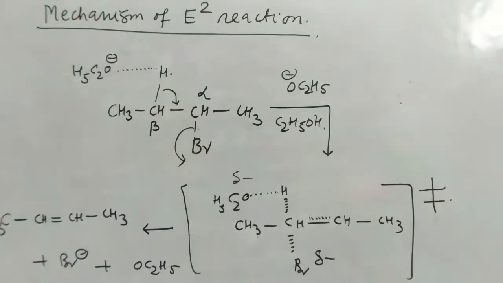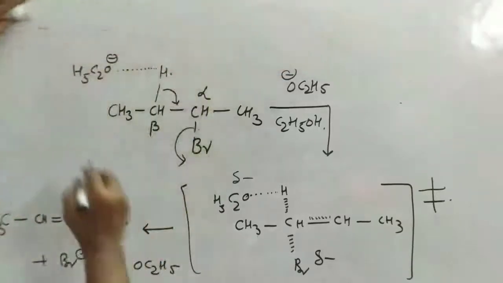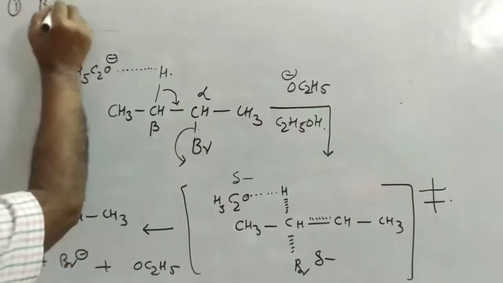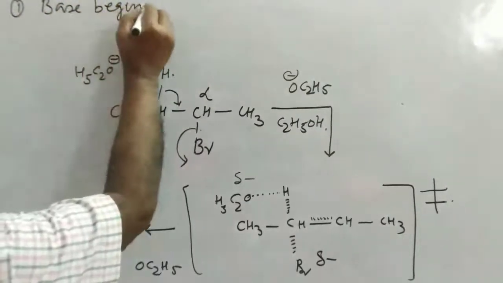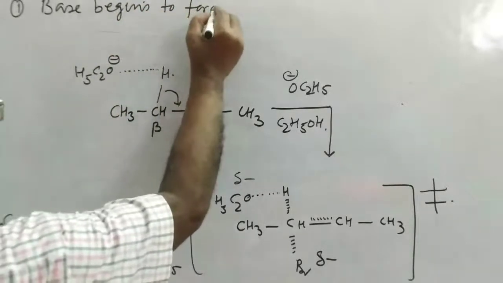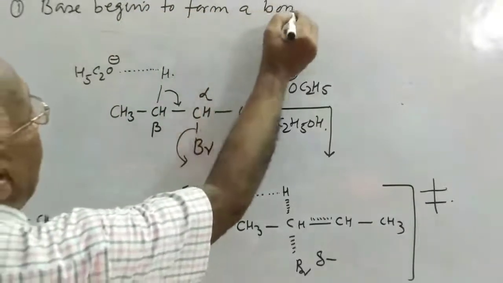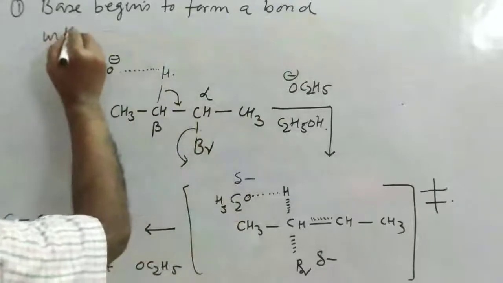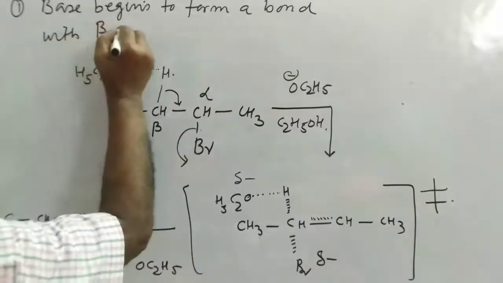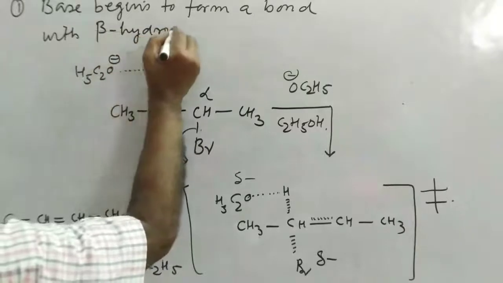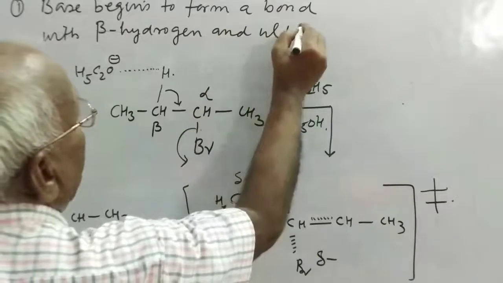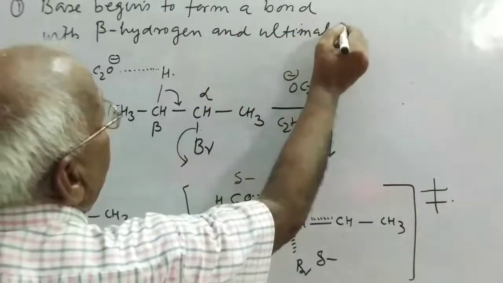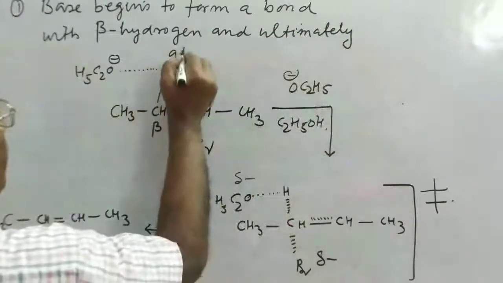So there are 3 important points to note. First point is the base begins to form a bond with the beta proton, with beta hydrogen, and ultimately abstracts it.